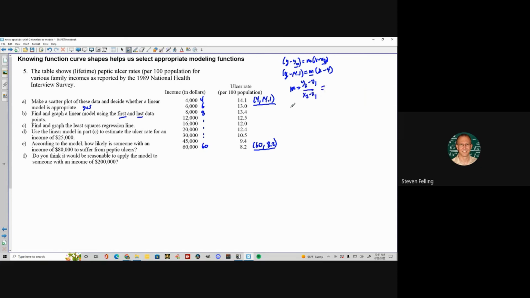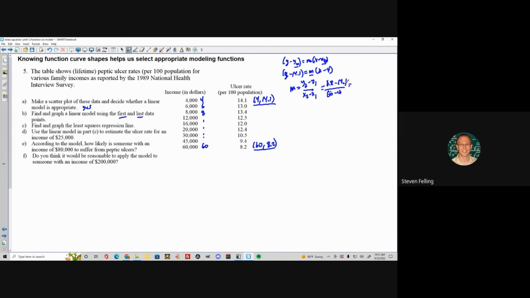Okay, so the change in y here, if we go from here to here, I'm going to make this the end. So let's do 8.2 minus 14.1 over 60 minus 4.